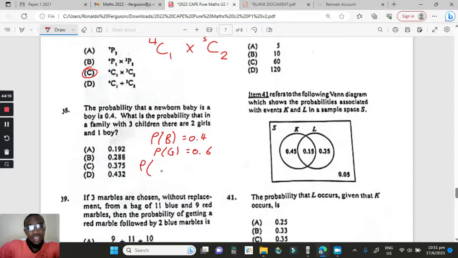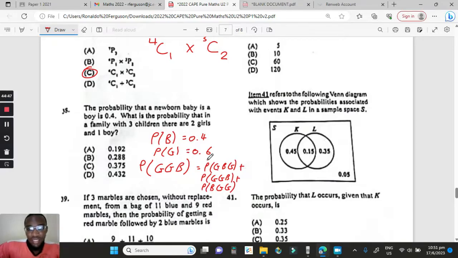So the probability of being a boy is 0.4, and the probability of being a girl is 0.6. Now it doesn't have to be in this order, right? It could be a girl, then a boy, then a girl; or a girl, then a girl, then a boy; or a boy, then a girl, then a girl.